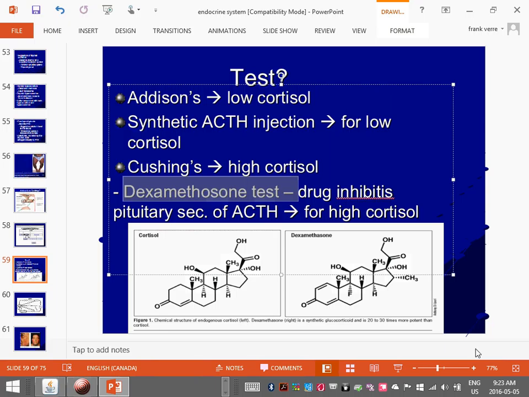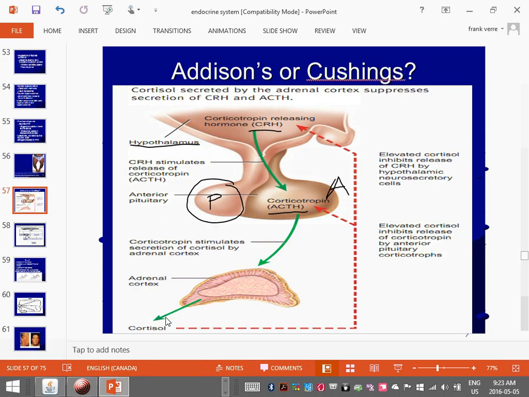What does it look like? It looks almost identical to what? Okay, cortisol, right? Now, here's the thing about cortisol. What does high levels of cortisol do to the brain? According to this chart, cortisol will have what kind of feedback in the brain? Negative feedback, yeah, very good, okay?